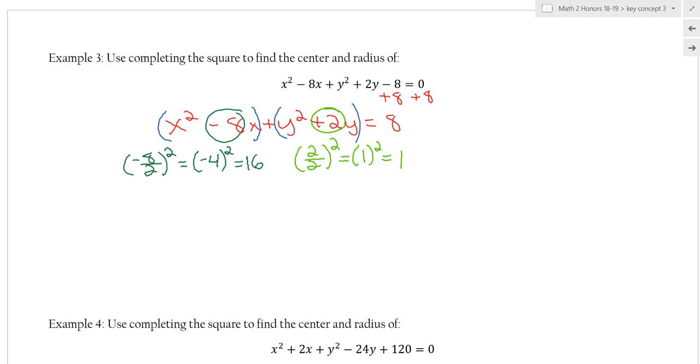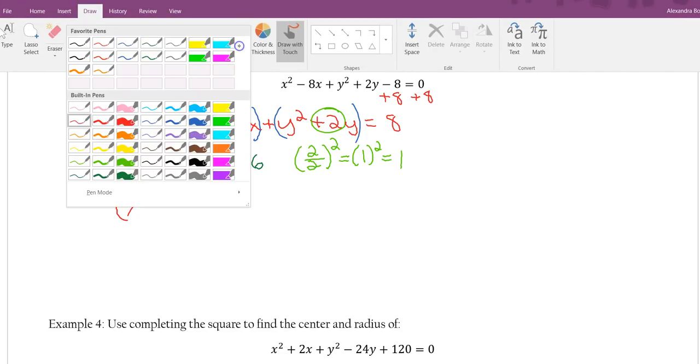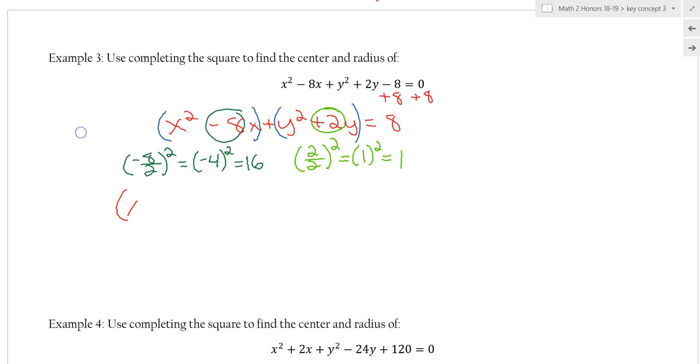Then in my next step, that's not the color I chose. So I have x squared minus 8x. I have to add 16 to that one.